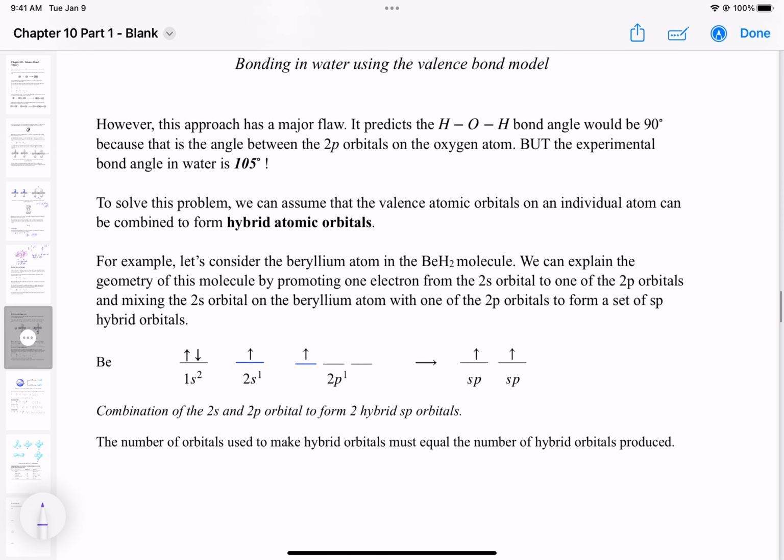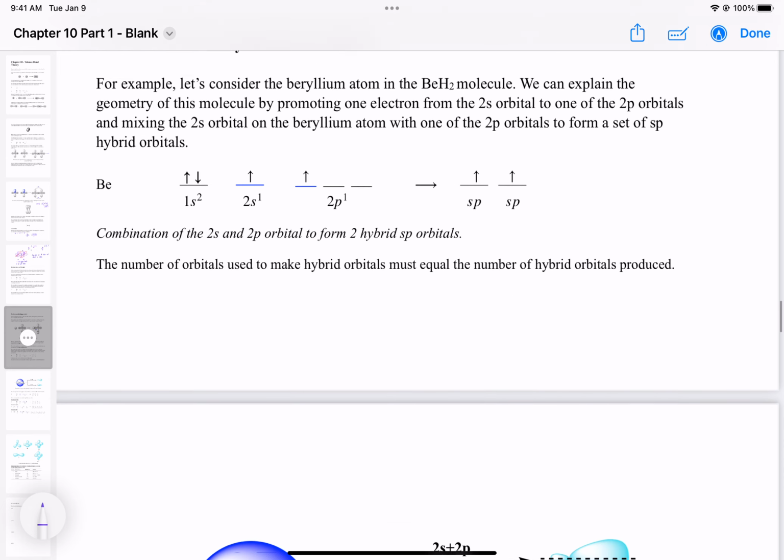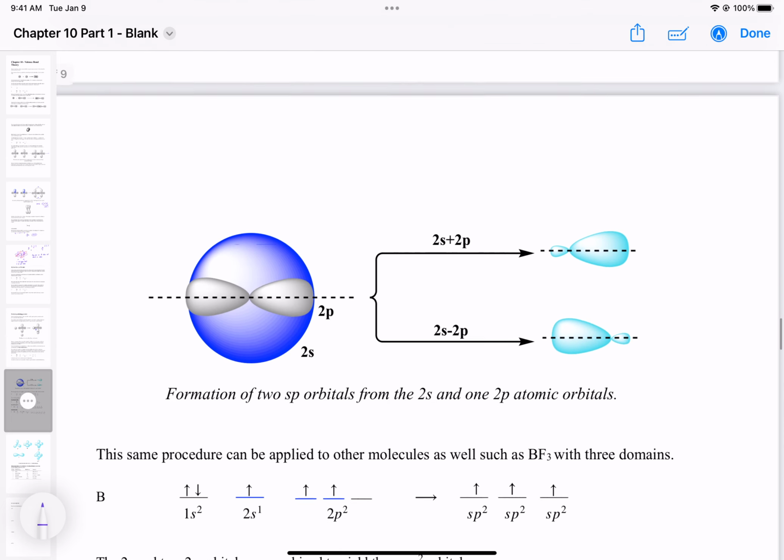One key part of this is that the number of orbitals used to make hybrid orbitals must equal the number of hybrid orbitals produced. So if I use two orbitals, like in this example, I must produce two hybrid orbitals so that matter is conserved. The picture is like this.